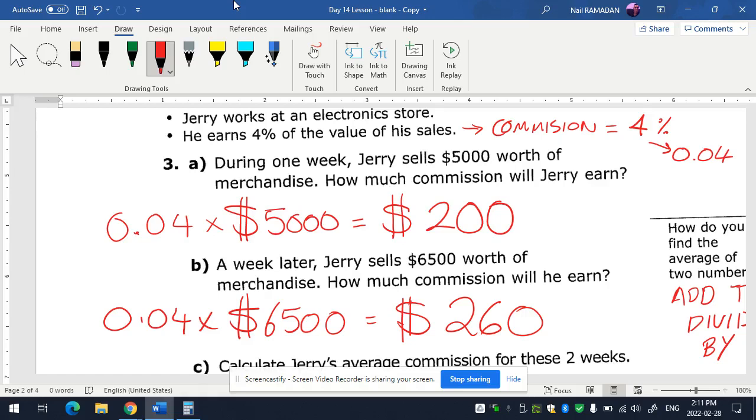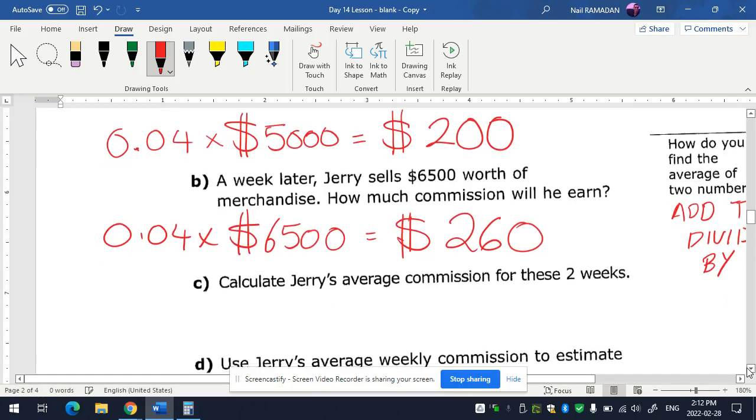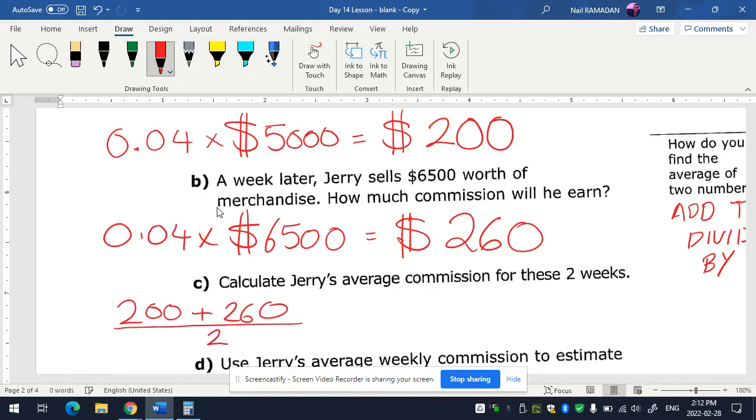Okay, 4%. Okay, what is Jerry's average commission for those 2 weeks? Well, one week he scored 200, one week he scored 260. Add up and divide by 2. So 200 plus 260 over 2. Well, that's 460, in money, but we can put the money sign at the end. Over 2.